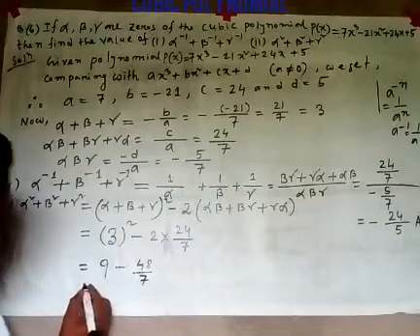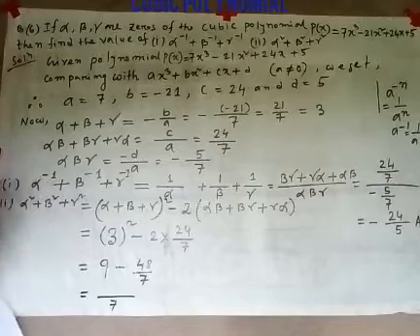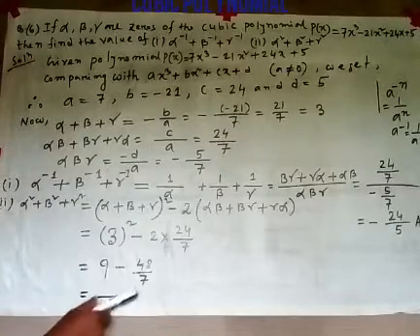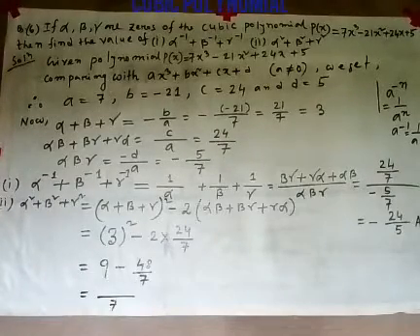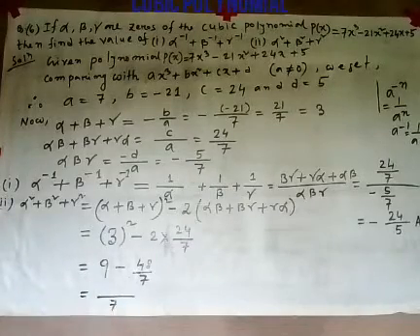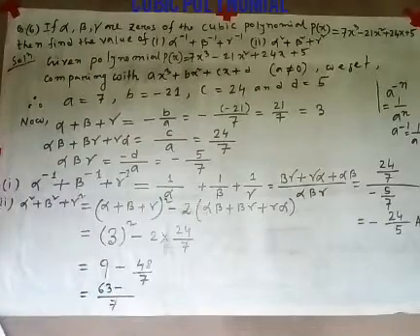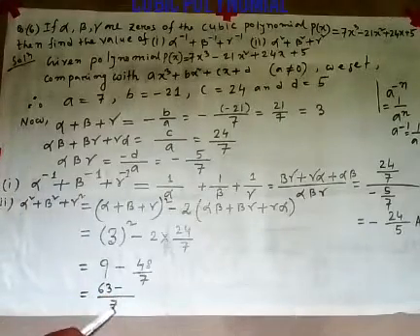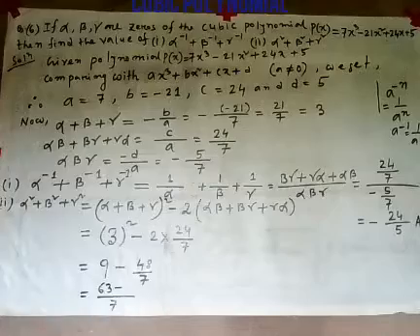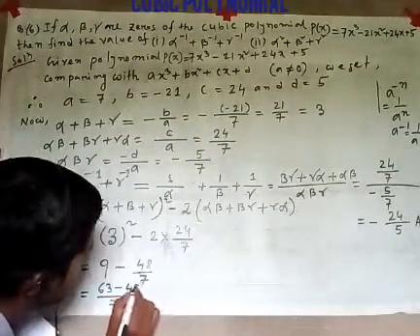7 is 7, and here what we have to do? 7 into 9, how much? 63. And 7 divided by 7 cancel. So the remaining result is 1 into 48, 48.